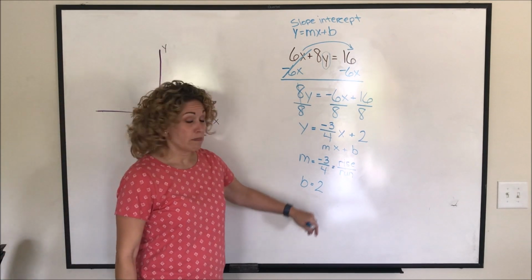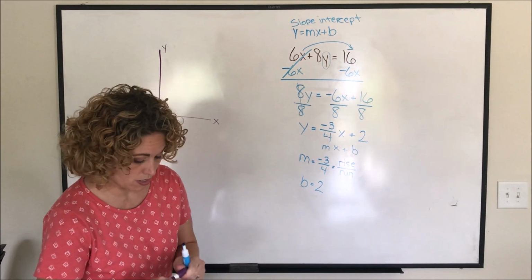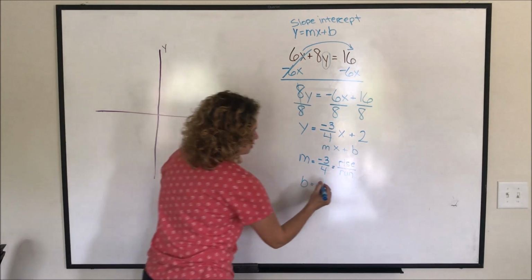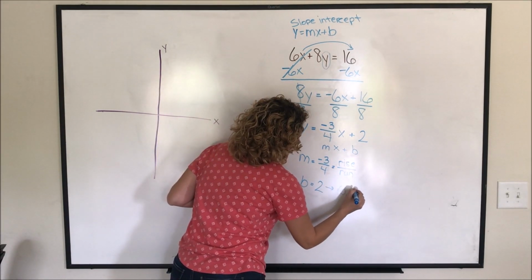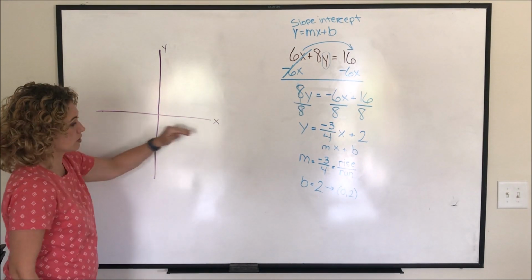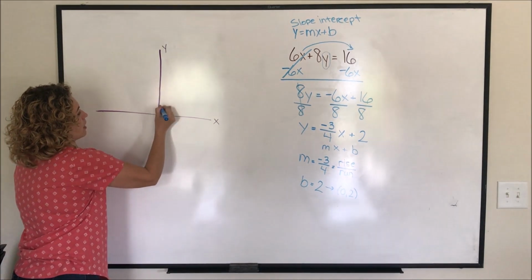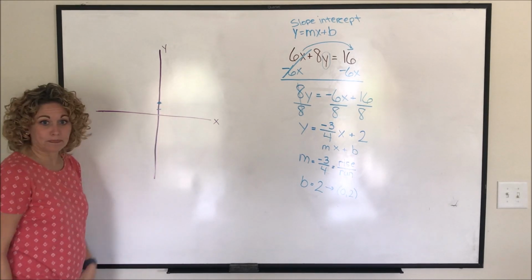This is our B, our y-intercept. It is the point 0, 2. Okay, 0 in the x direction and 2 in the y direction.